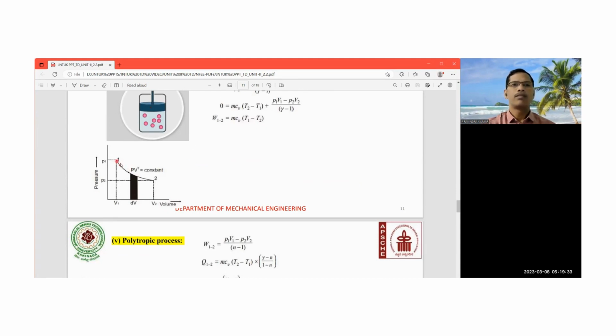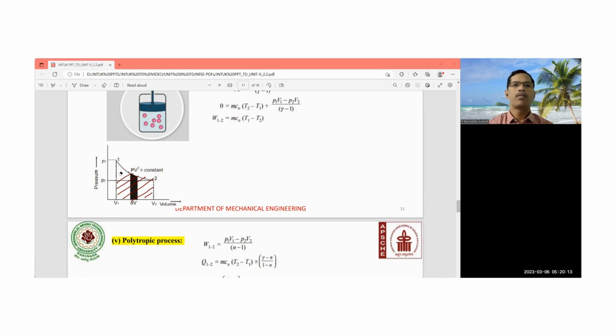So this is what all the work output you can get. The area under the PV plane is going to come out as the work output. You will get the work output from the system, right?